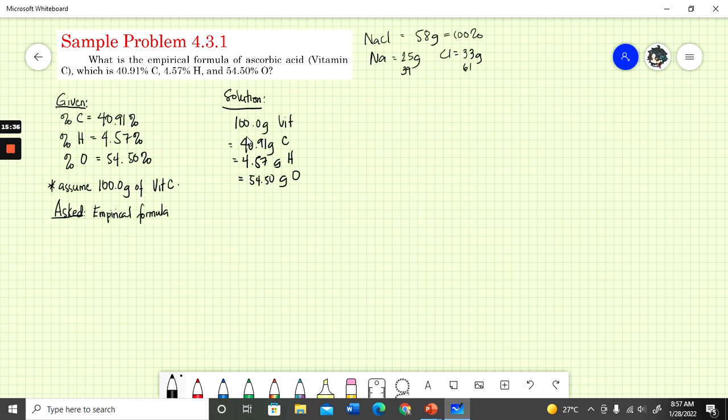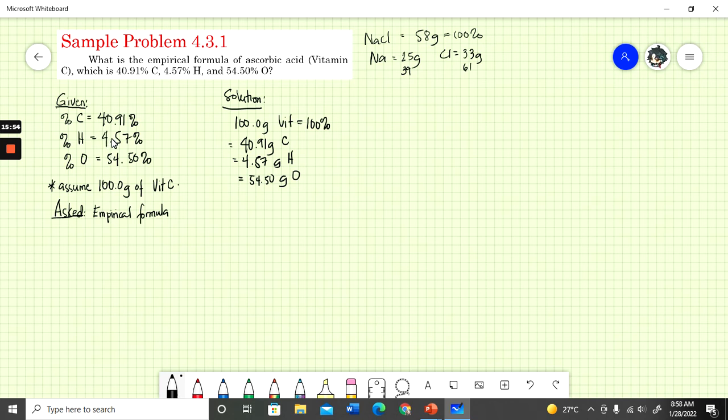It's quite easy now, since 100 grams is equal to 100%. Therefore, these percentages of each individual element in your vitamin C can be basically their weight.